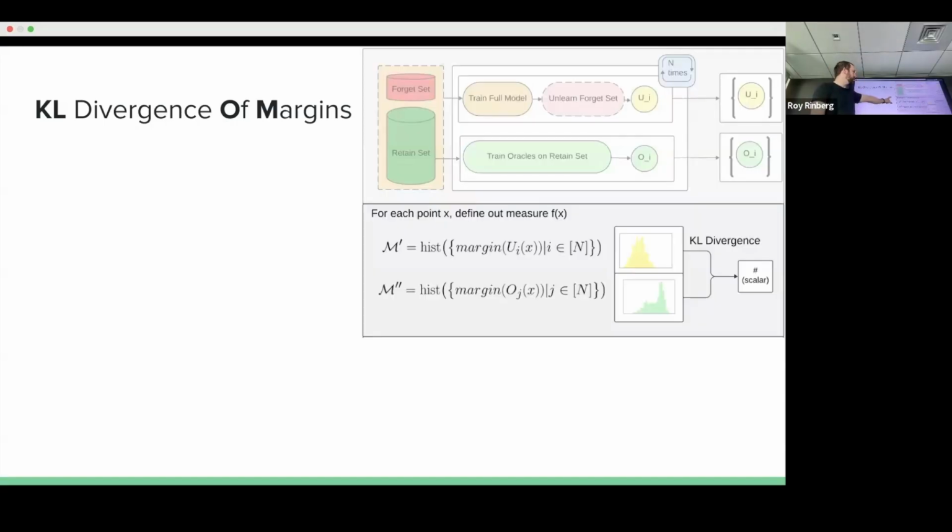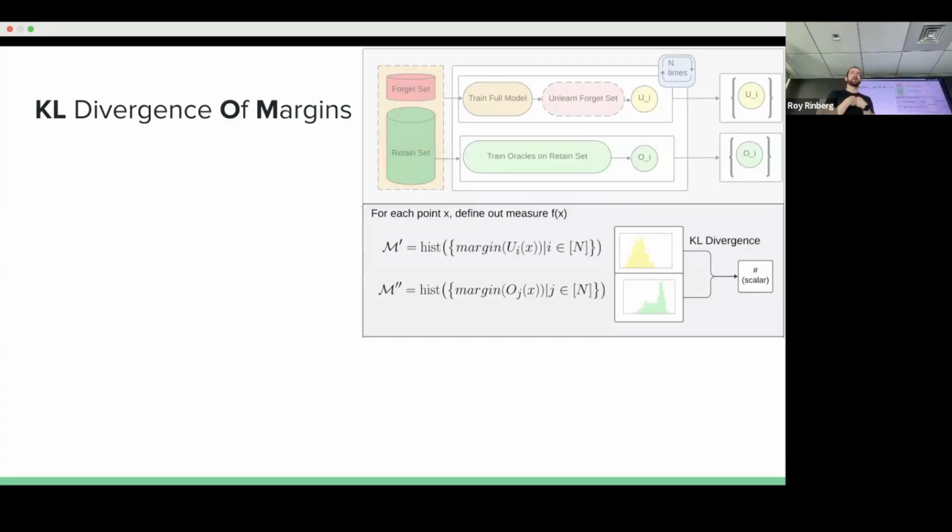Then for each point, we define a measure. We take a single point and compute the margin, which is the confidence, the difference between the top choice and all the others, how confidently it's predicting something.